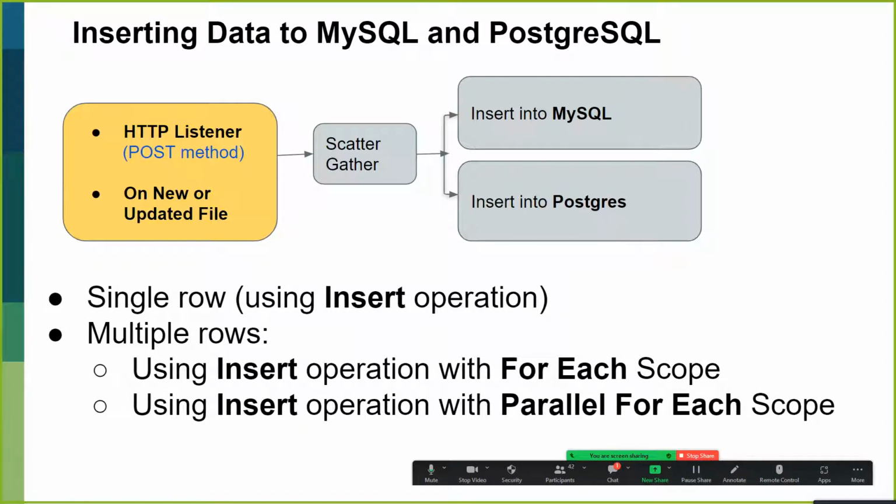And when it is a single row or one object, we use the insert operation. We will see that. However, when we have multiple rows or an array, the insert operation doesn't work.